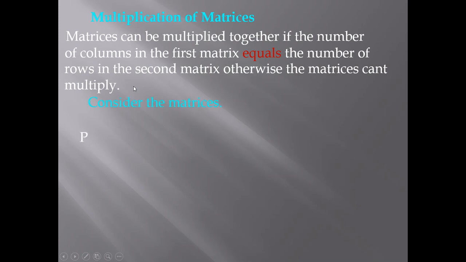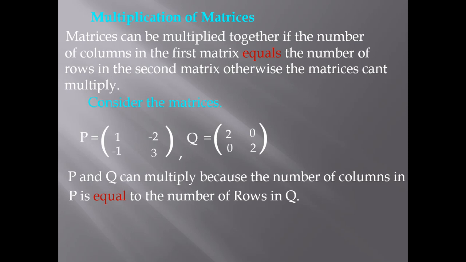So we can illustrate that using these 2 matrices. I have matrix P and then I have matrix Q. What is the order of this matrix here? How many rows does it have? This is the first row, second row. First column, second column. So this one is a 2 by 2 matrix. Come to Q. It has 2 rows and 2 columns.